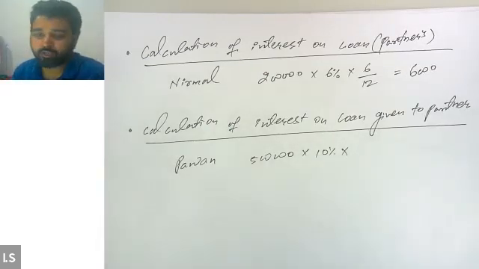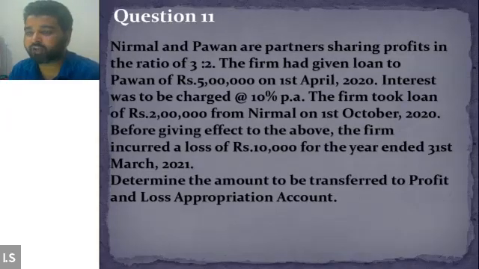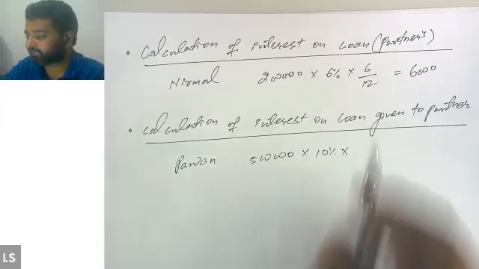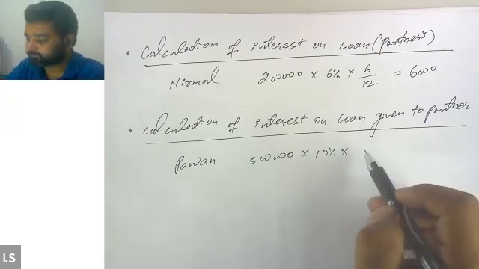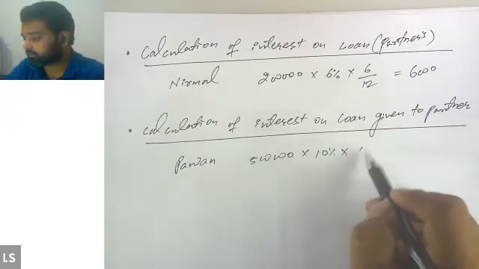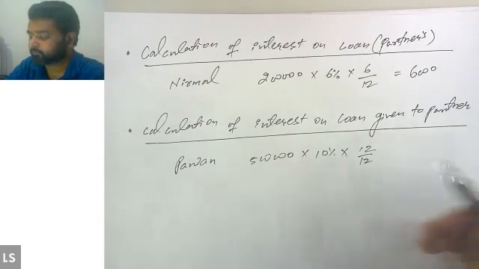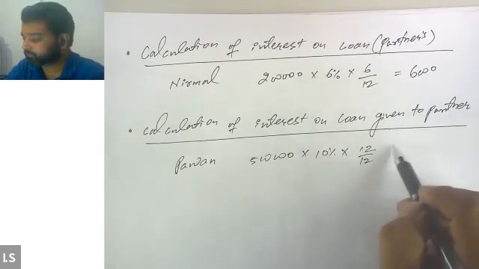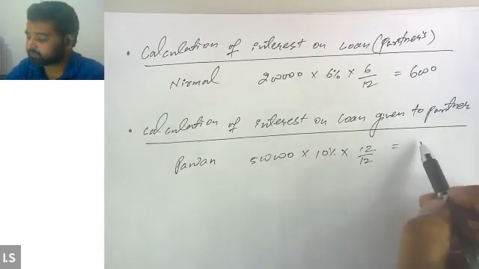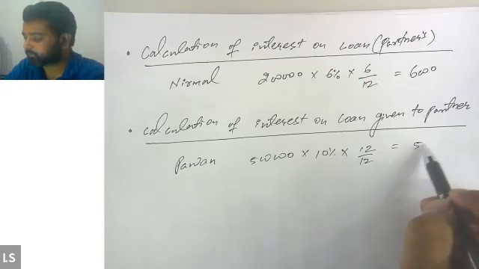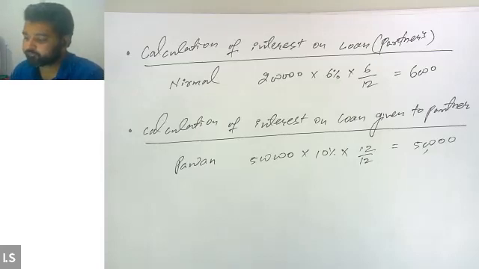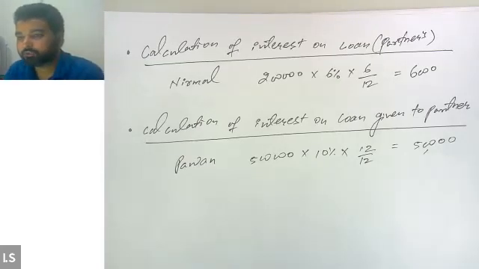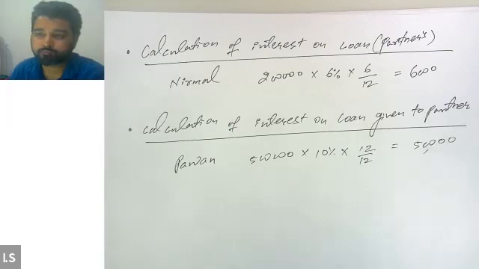And since the loan was taken by Pawan on 1st of April, he will have to pay interest for the entire year, for the period of 12 months. So 12 by 12. The interest that Pawan will be paying will be 50,000 for 1 year. Tell me, is this clear to all of you?